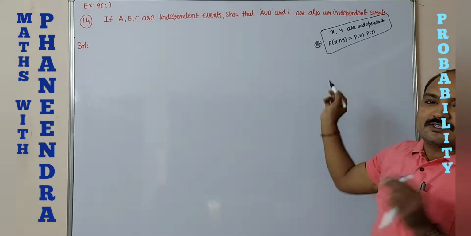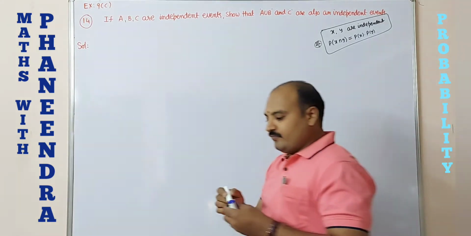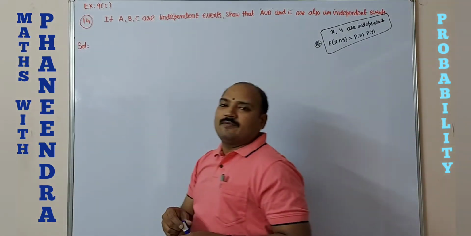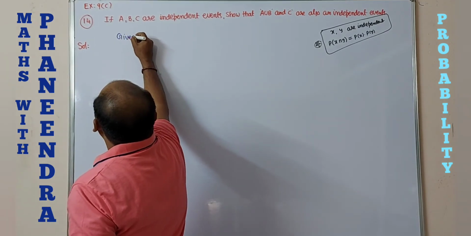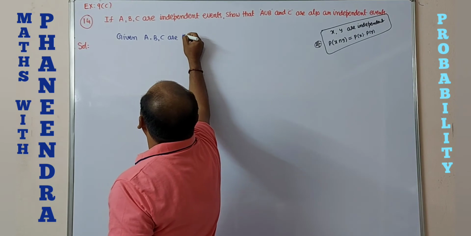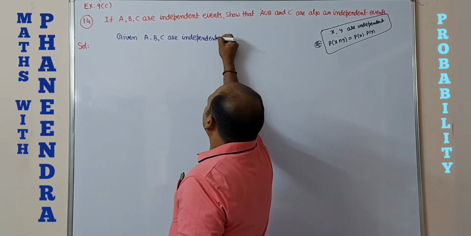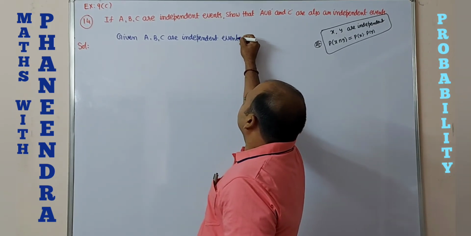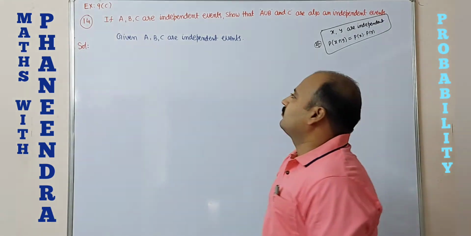So in place of X comma Y, we have A union B and C. So first step you have to write it: given A, B, C are independent events. Where it will be independent events? In the sample spaces, generally it is.